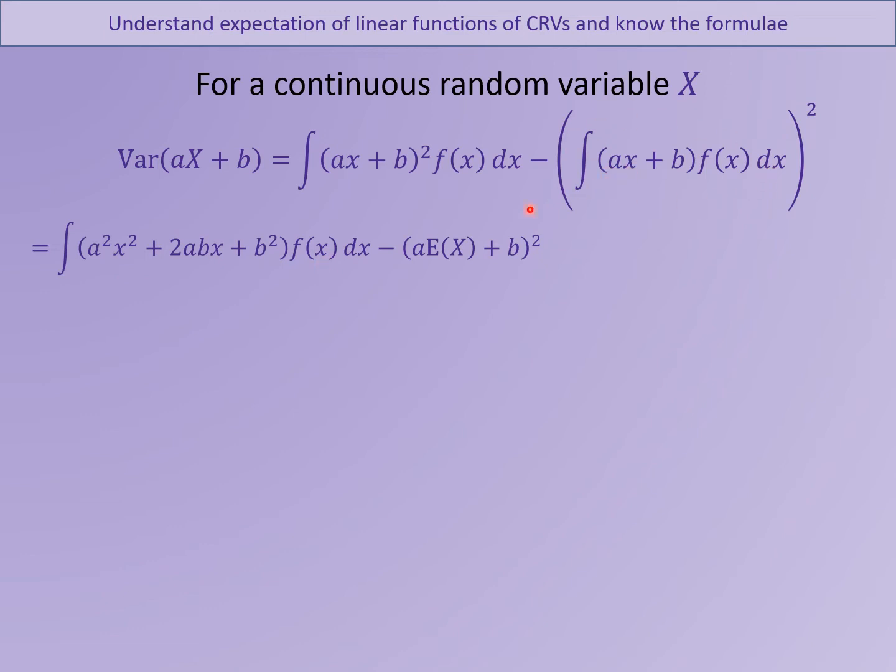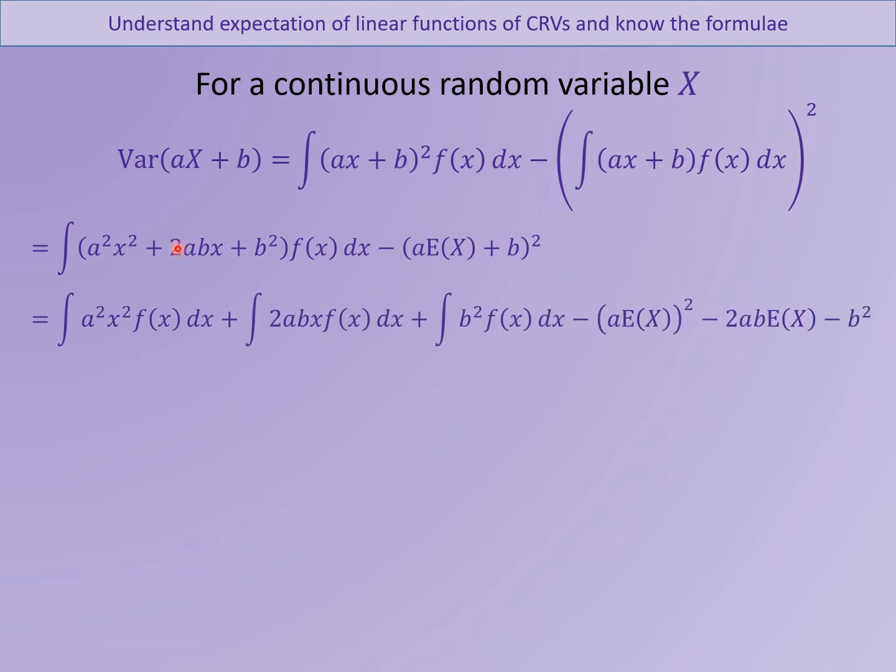Here we've just used the formula from the previous slide for the expected value of ax plus b, and because it's squared we have squared this. So this becomes a times the expected value of x plus b and then squared. Next, we can split this into 3 separate integrals. So we have a squared x squared f of x integrated, we have 2abx f of x integrated, and we have b squared f of x integrated.